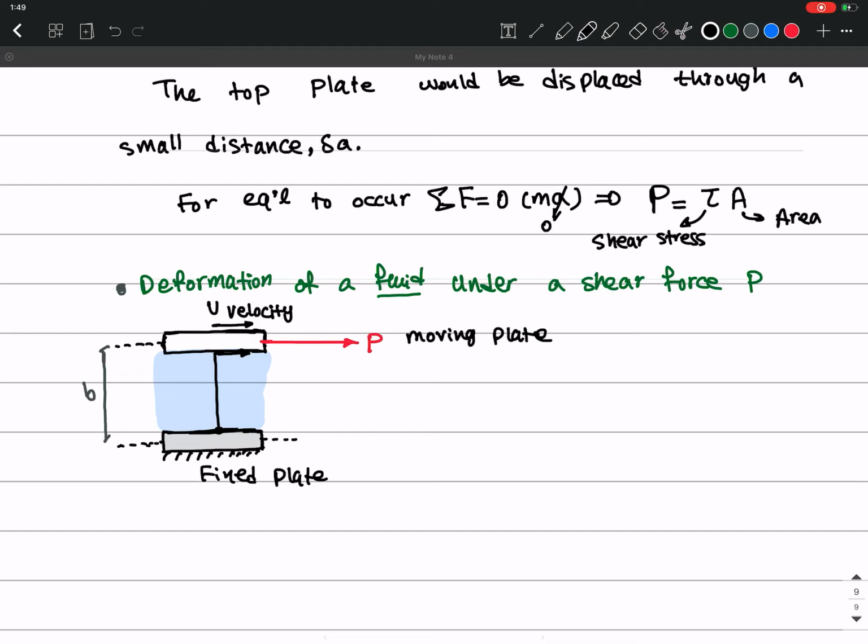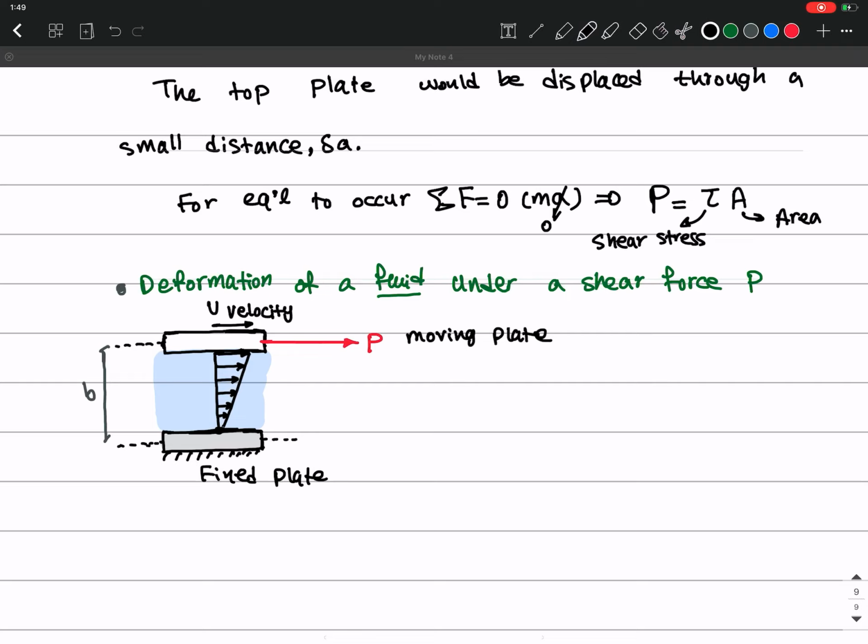It's a linear change. The velocity is going to decrease linearly to 0 at the bottom plate because it's fixed. We just allow the top plate to move because of the shear force that is exerted on it, okay?